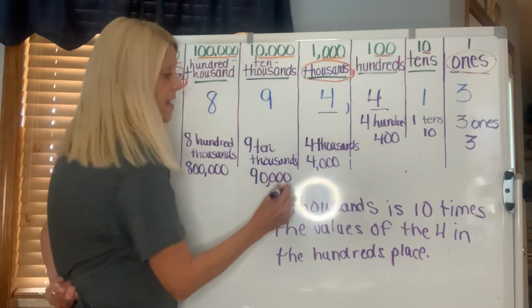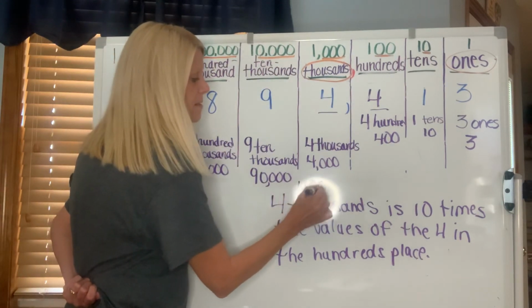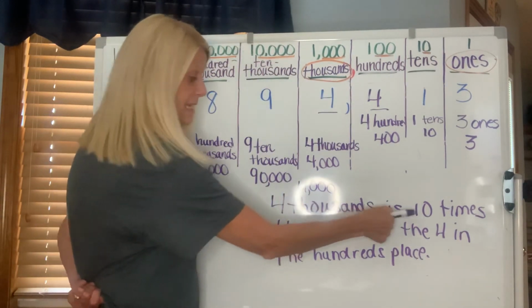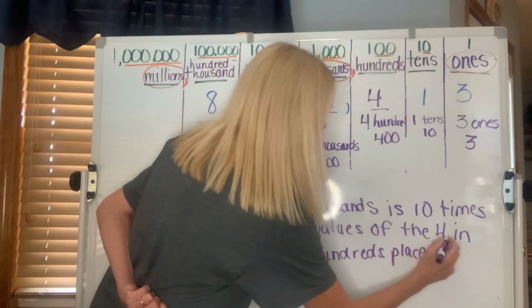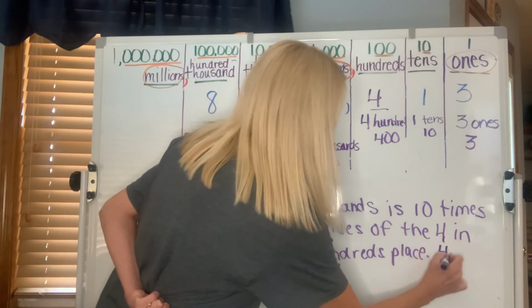Or we could say 4,000 is 10 times the value of 400.